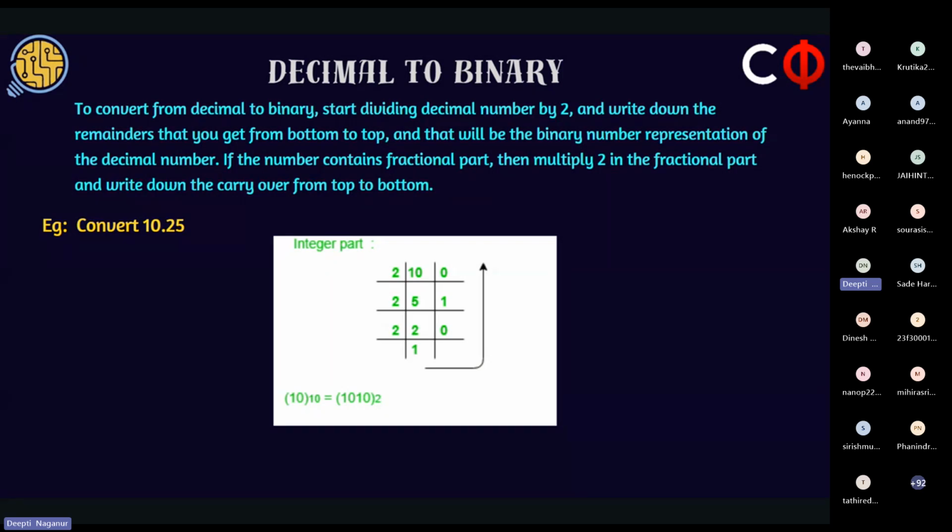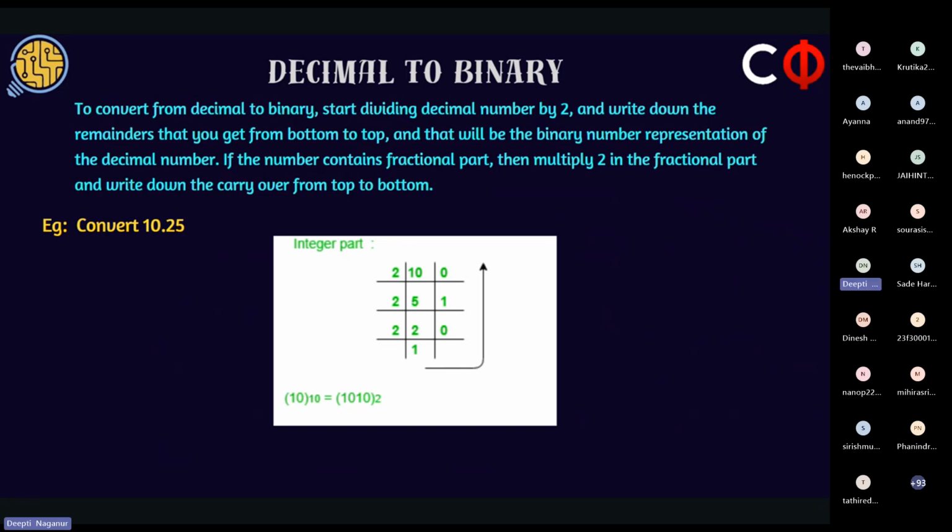Only through 0 and 1. So to convert from decimal to binary, start dividing the decimal number by 2 and write down the remainders that you get from bottom to top, and that will be the binary number representation of the decimal number. If the number contains a fractional part, then multiply the fractional part by 2 and write down the carryover from top to bottom. Let's not worry about the fractional part. We'll mostly focus on whole numbers.